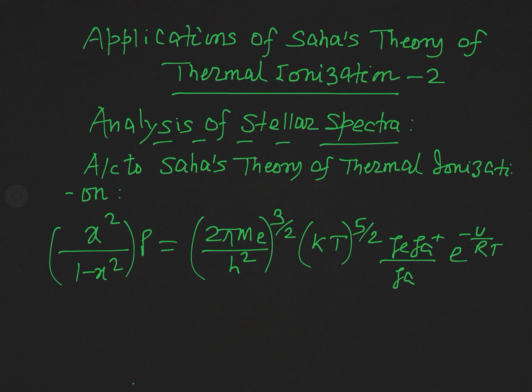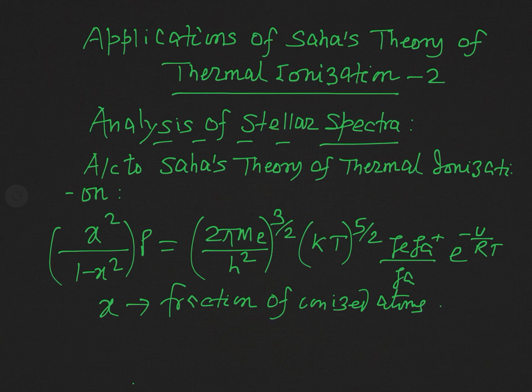Now you can see this x is the degree of ionization, or the fraction of the neutral atoms that get ionized. We see from Saha's equation that this x is a function of three parameters.